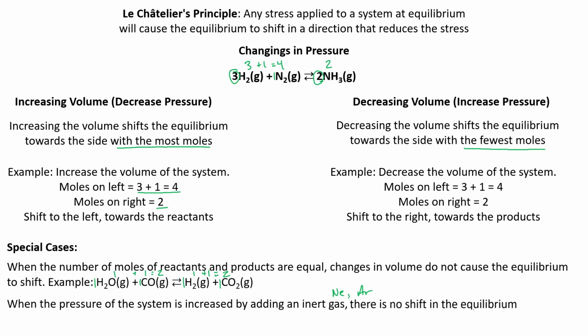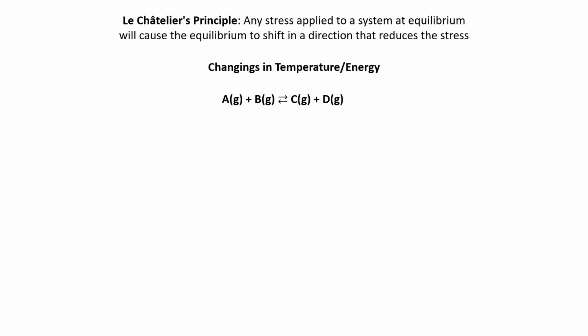Let's look at one more type of stress that we can apply to a system at equilibrium, and that is changes in temperature or energy. Okay, so we can go back to our generic equation right here, and we need to talk about changes in temperature specific to exothermic and endothermic reactions, starting with exothermic reactions. So if I have an exothermic reaction here, you can think of heat as a product.